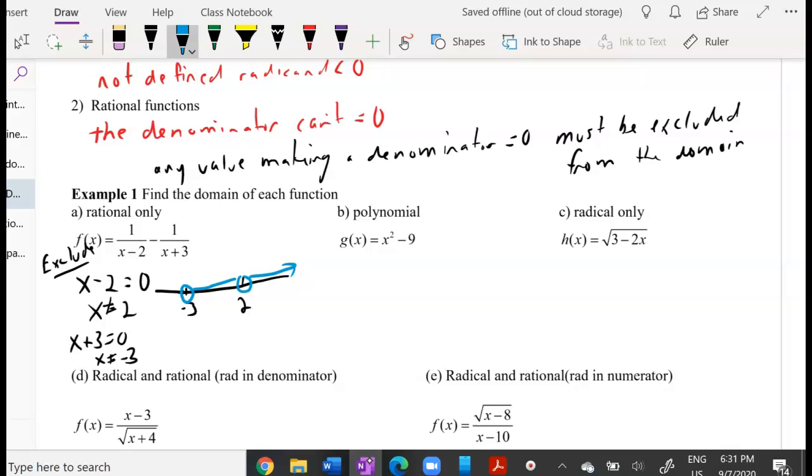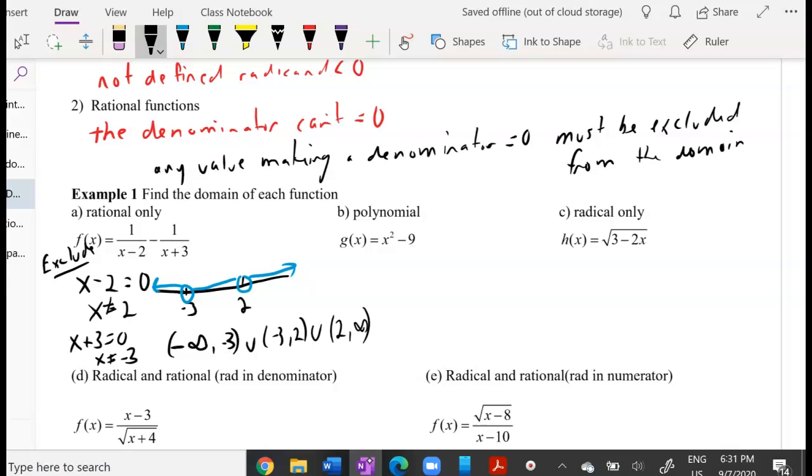So we're looking at 3 different intervals that we would write in our answer. And that's the way that we exclude those values. So we'd have negative infinity to negative 3, union negative 3 to 2, union with 2 to infinity.